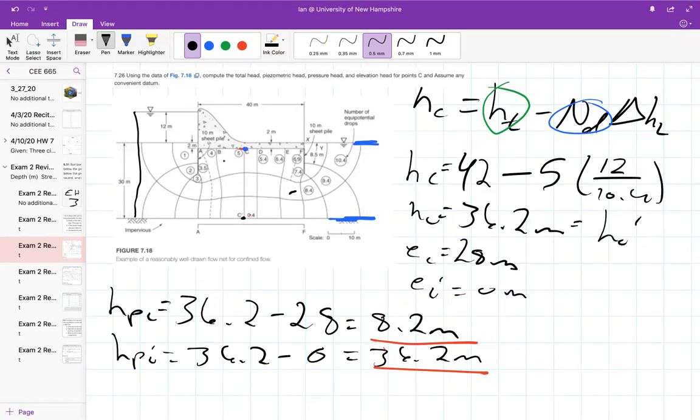It can make a border with the sheet pile wall, but not with impervious boundary. So it'll be 1, 2, 3, 4. And this is kind of halved. So that's 5. So that would be our number of drops.